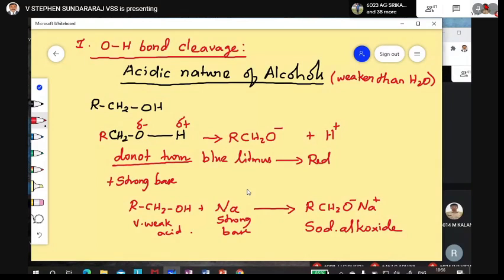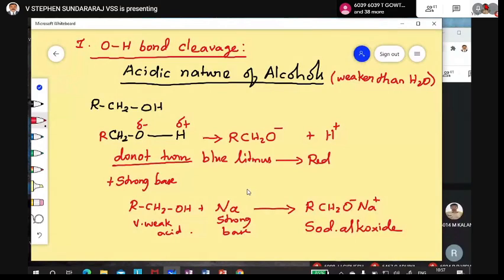Before going for this discussion, which is a long discussion that will go for another 20 minutes or so, all of you just recall the acid-base concept, especially the Bronsted-Lowry acid-base concept. There is a conjugate acid and conjugate base, because in some places I'll be using that concept.